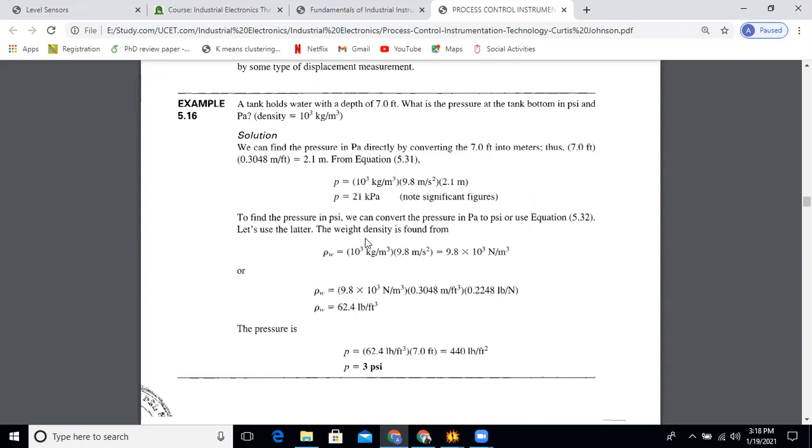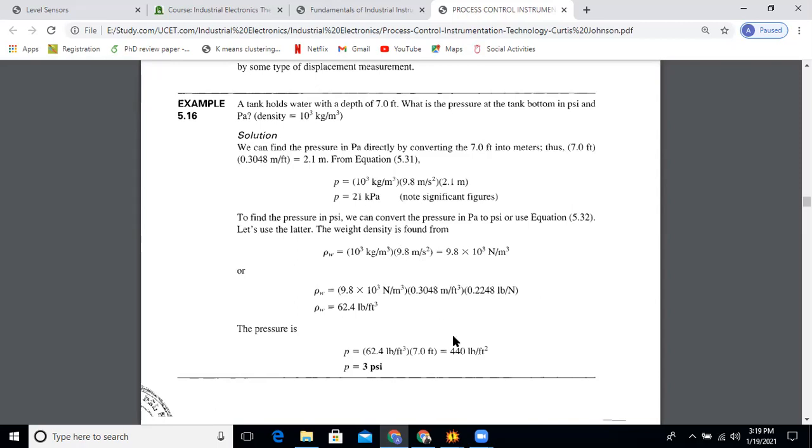And if we have to measure the pressure in PSI units, that is pounds per square inch, then we only have to convert the kilopascals into PSI units, as we know that approximately 1 PSI is equal to 6.895 kilopascal, which we used in the previous example.